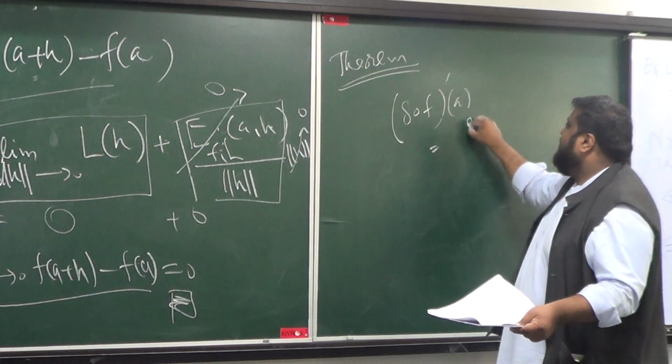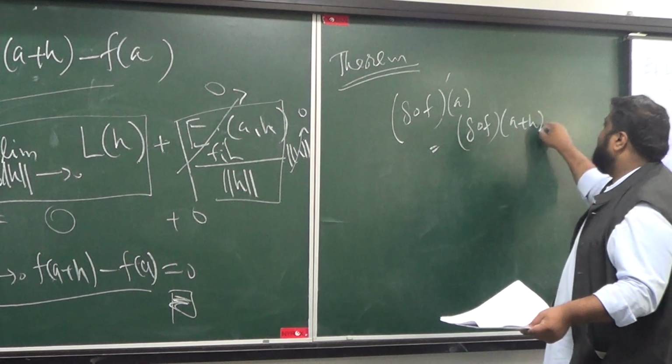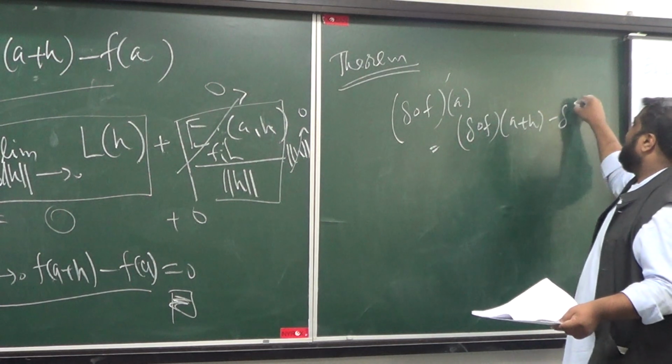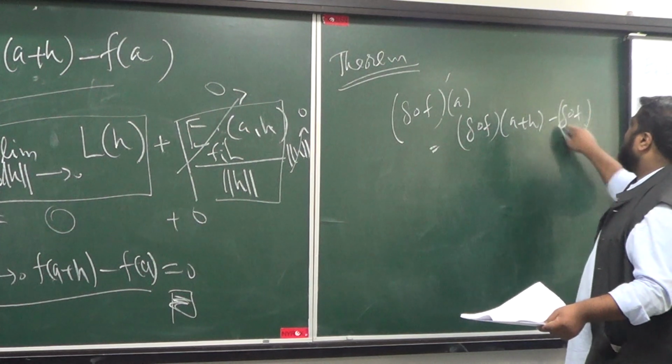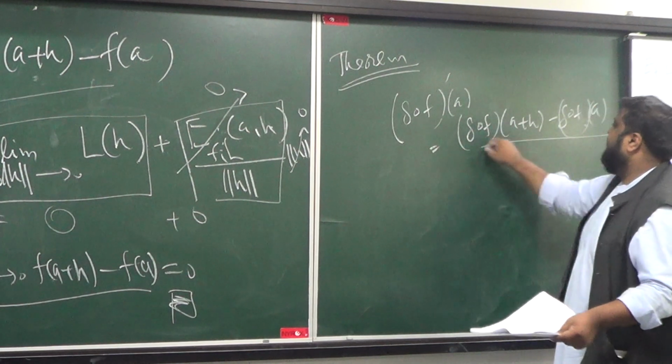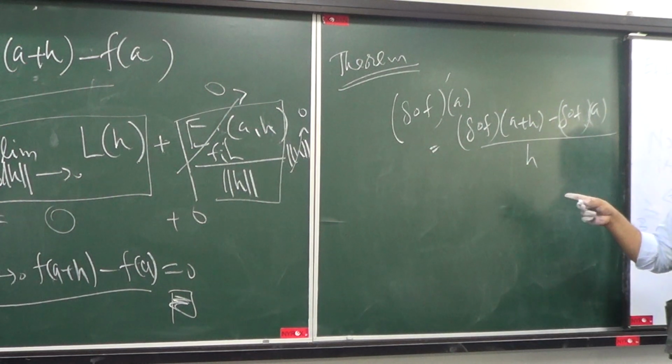So what you need to do is compute G composition F operating on A plus H minus G composition F operated on A, divide by H, and then try to compute the limit.